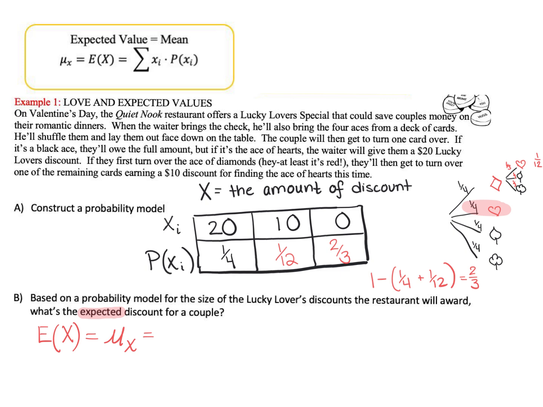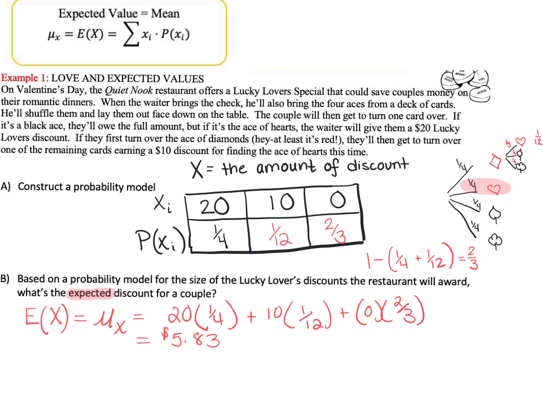So I'm going to do 20 times 1/4 plus 10 times 1/12 plus 0 times 2/3. You want to always show that work, and then you do your math. And I get a value of $5.83. We're going to now interpret this.